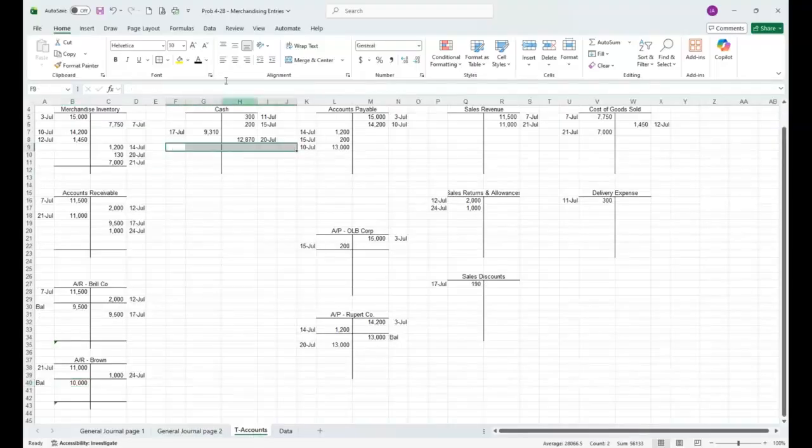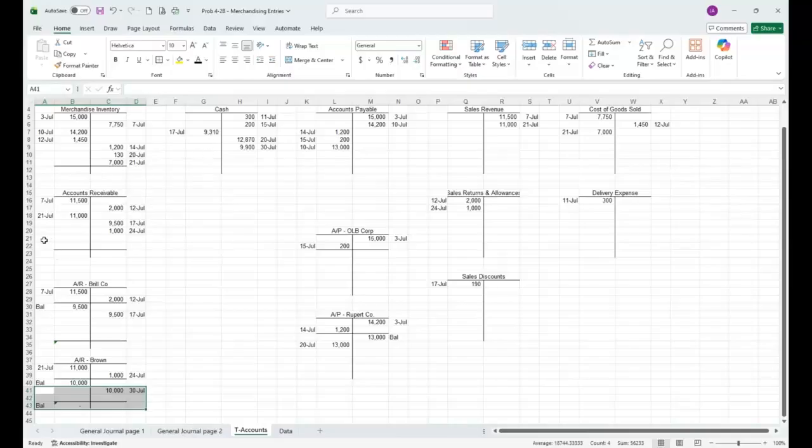Let's see. I'm going to get accounts receivable in here. I'm going to have to enter it myself. I evidently erased it. So here we go. We have the $10,000 credit to accounts receivable, a $10,000 credit to the subsidiary ledger account.